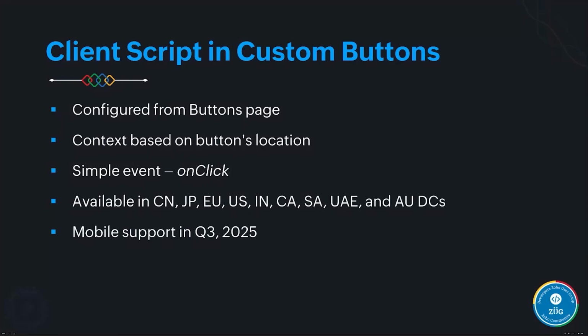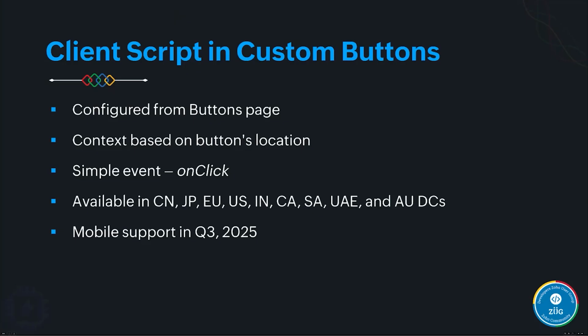So custom buttons are very simple to understand, but when client scripts get into the picture, custom buttons need to be configured in slightly different ways, right? Which you'll have to keep in mind when you're working with them, or else, like me, when setting up the demo, you might waste a little bit of your time. So if you're new to client scripts, they have their own section in the settings where you'll go and create your client scripts.